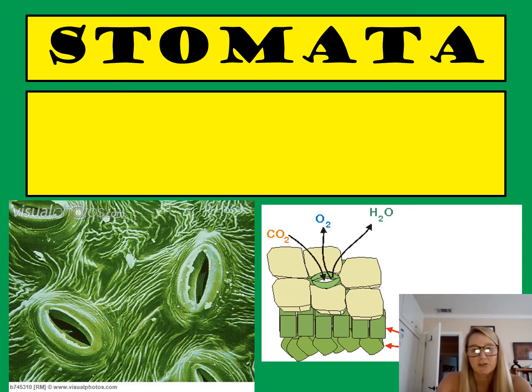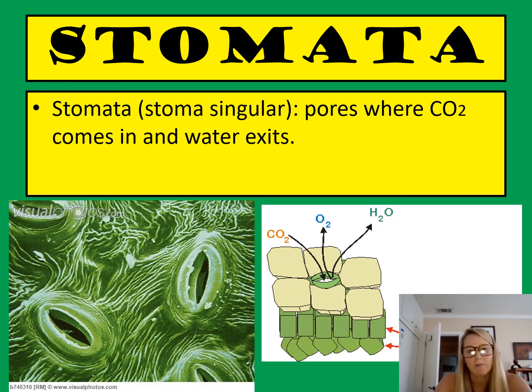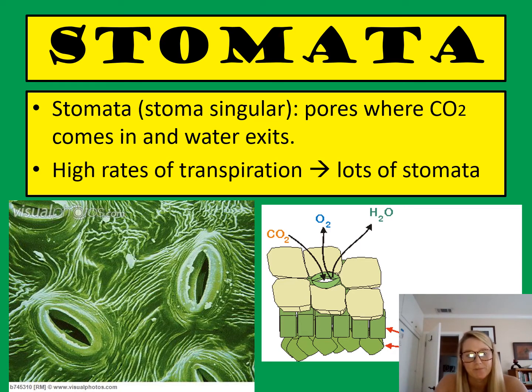Here are some pictures of these stomata. So remember, stomata, they are pores. So they're holes in the leaves, and they are definitely where CO2 can come in from the atmosphere. And remember, carbon dioxide is needed for photosynthesis to run. And of course, this is also where water exits as well as oxygen.